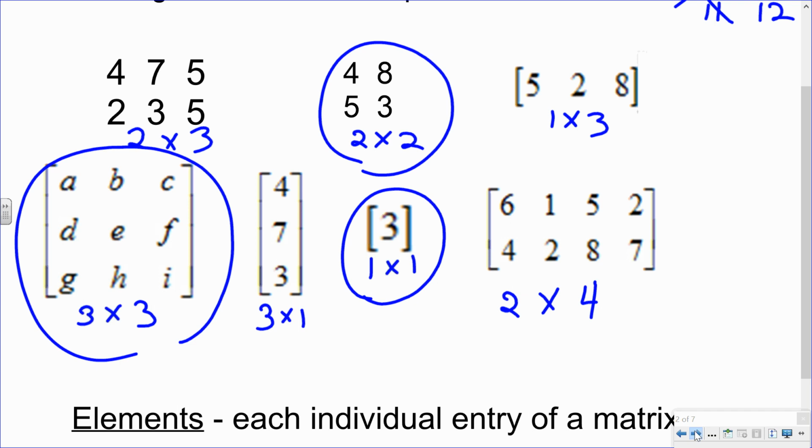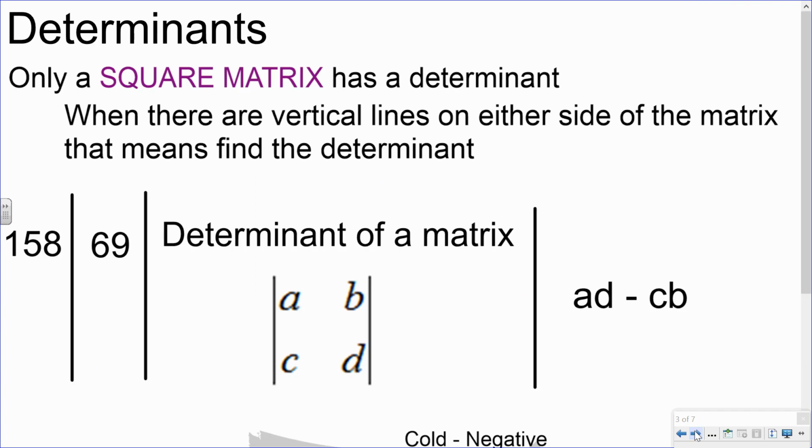So a determinant can be found for a square matrix. So here's our other vocabulary word. When we have those vertical bars that look like giant absolute value bars, no square corners on it, when they're just straight like absolute value bars, that means the determinant of this matrix.